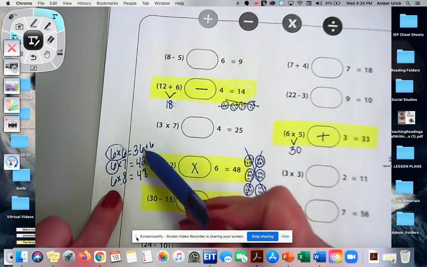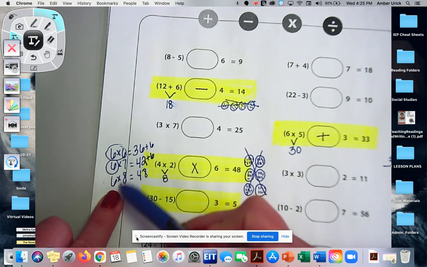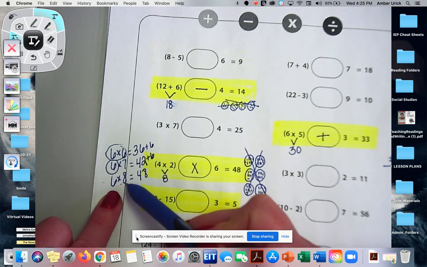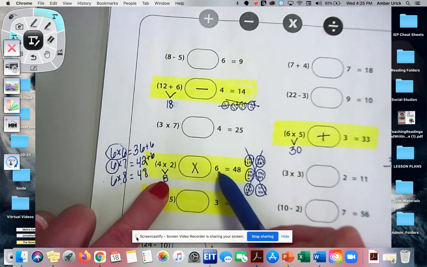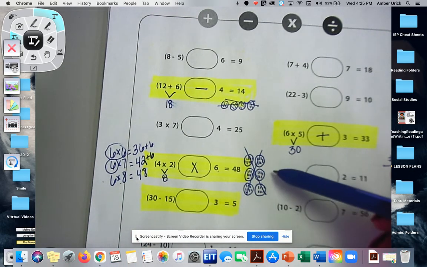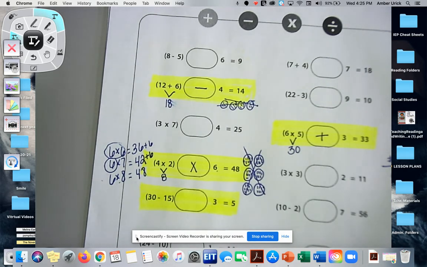And then all I did was add a group of 6 because I know how to add. And then I just continued with my facts and added a group of 6 until I was able to get to the 6 times 8 fact. If something doesn't work or a strategy doesn't work, or maybe you make a mistake, try another strategy.